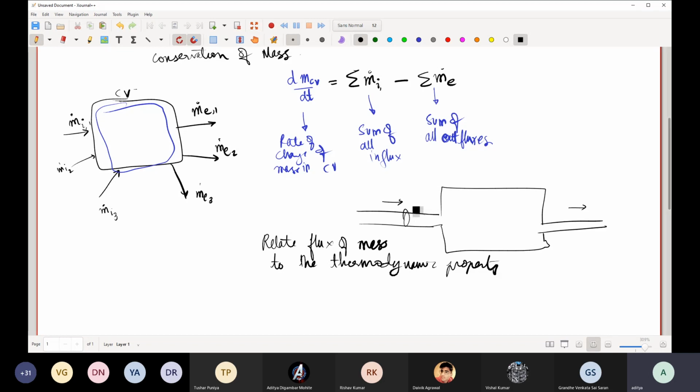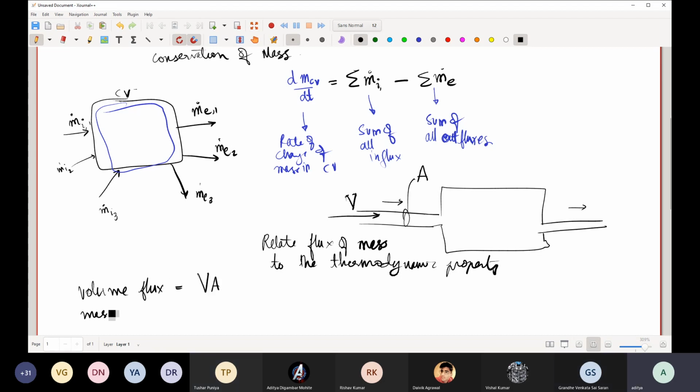Let's say that this cross section area is capital A. So first of all, what is the volume flux through this area? Let's say the velocity over here is capital V and the area of cross section is A. So what will be the volumetric flux? Velocity times the area.